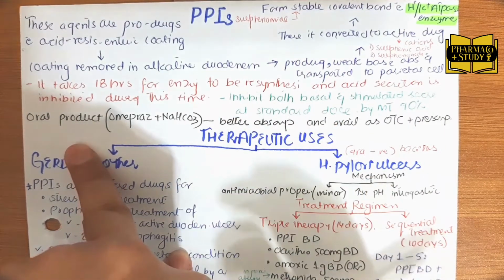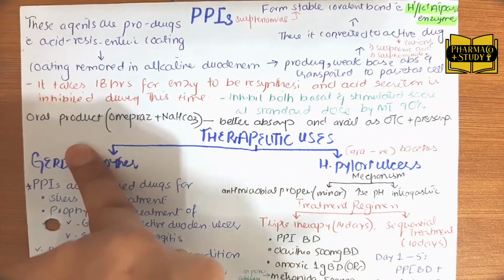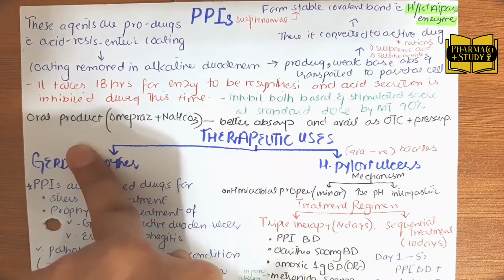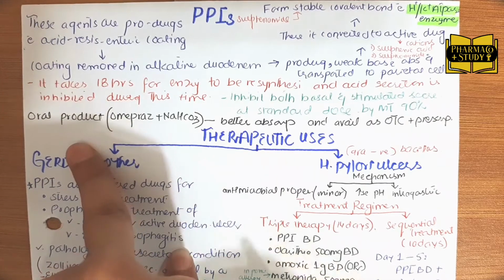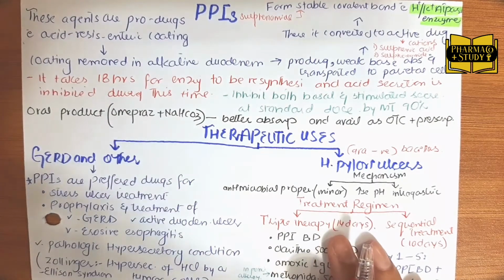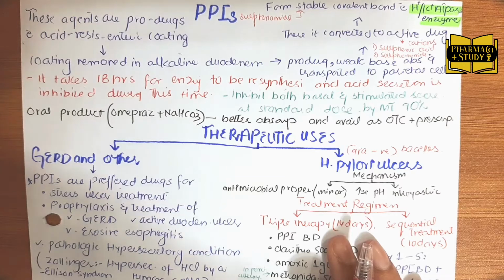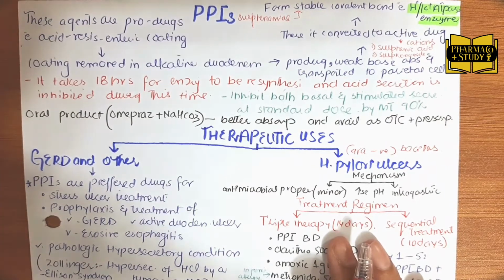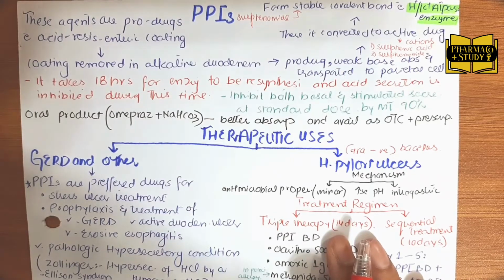When it gets absorbed there, as you all know, when any food item or anything that we eat gets absorbed from the duodenum, it enters the main circulation, then goes to the liver, and from the liver it is distributed throughout your body. So it also follows the same pathway and is distributed in our body.